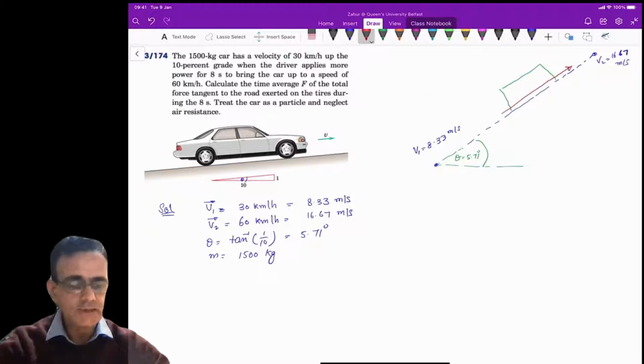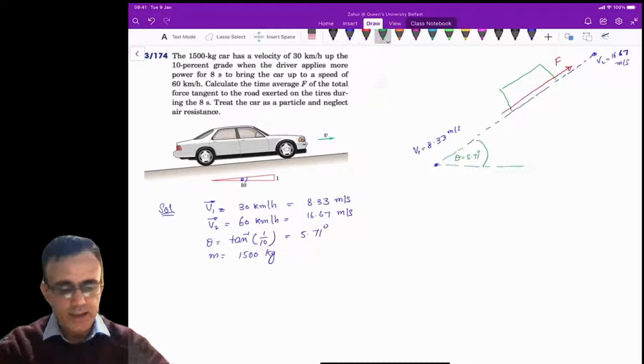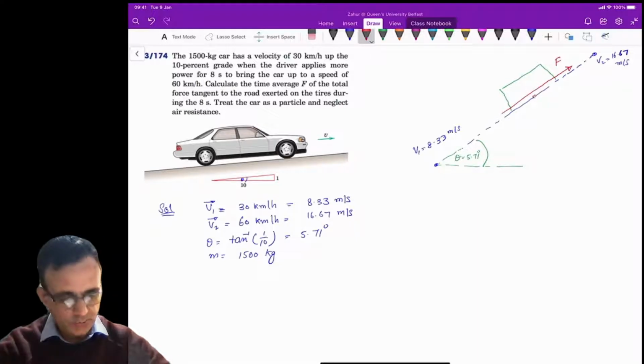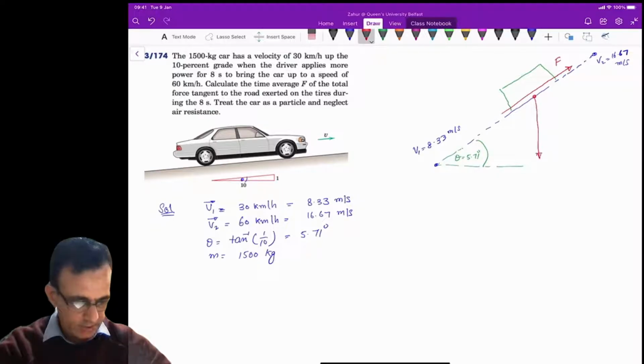So that is the applied force F. That is what we want to calculate. And again, because the body is moving on an inclined road, its weight will be opposing its motion. So we also now need to include that in the calculation, because we cannot ignore the weight here.